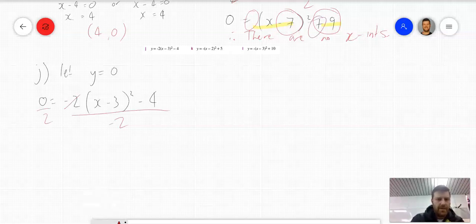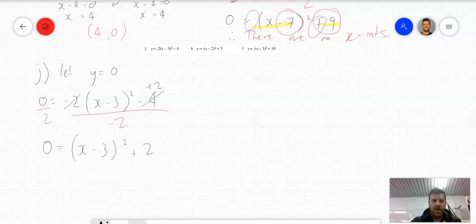Negative 4 divided by negative 2 becomes what? Negative divided by negative is a positive. So it actually becomes positive 2. So we're at the point 0 equals x take 3 all squared plus 2. Again, can we factorize this? K is greater than 1, therefore no x-intercepts. Okay, guys? Alright, moving on.